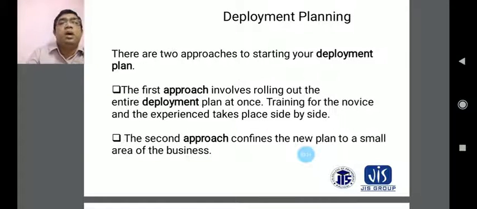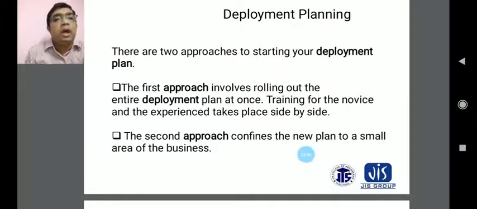In a few cases you can see the novice and the experienced person set up side by side, and the novice gains experience from the experienced persons. Through this first approach, knowledge is gained by the novice, your business procedures are improved, and your job will be done properly.